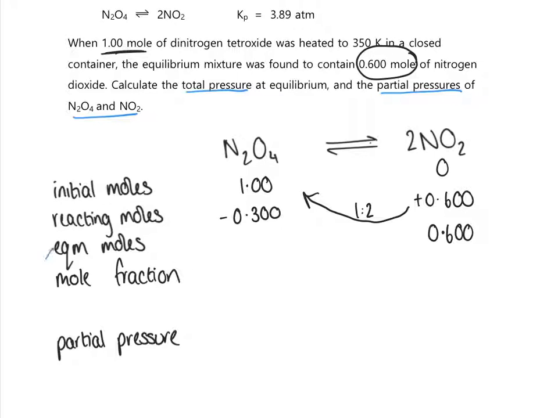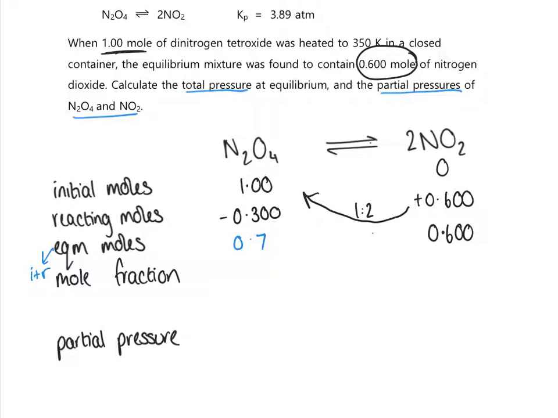Equilibrium moles is initial plus reacting, and so 1 minus 0.3 is 0.7, and we've already got our equilibrium moles of nitrogen dioxide as 0.6.